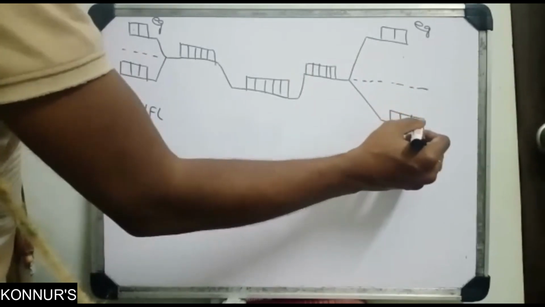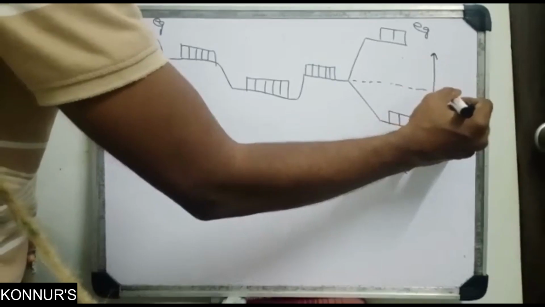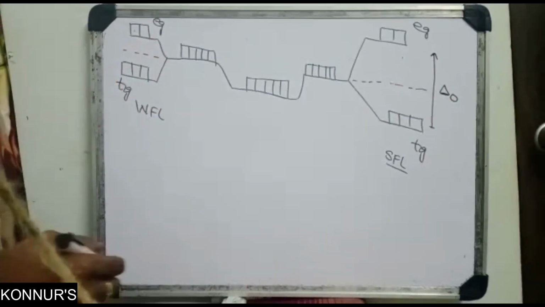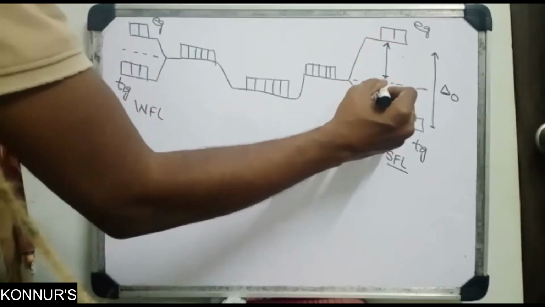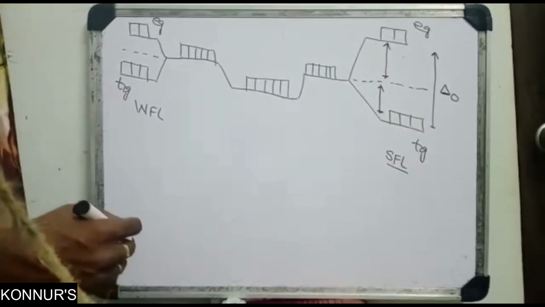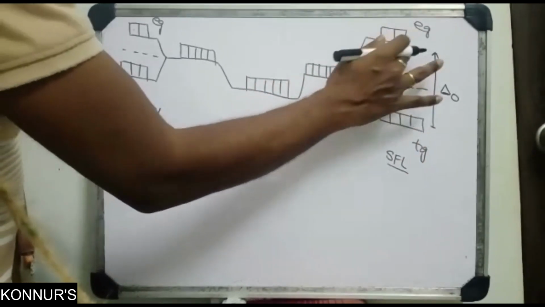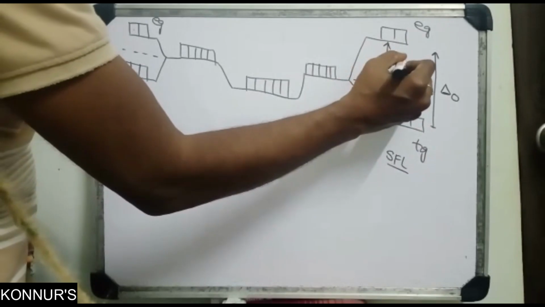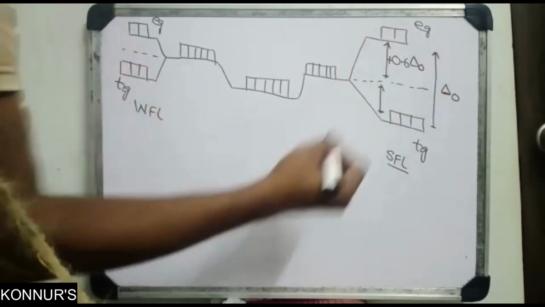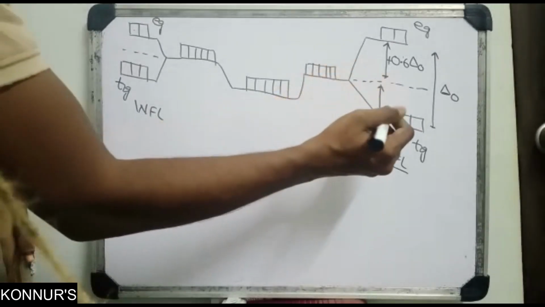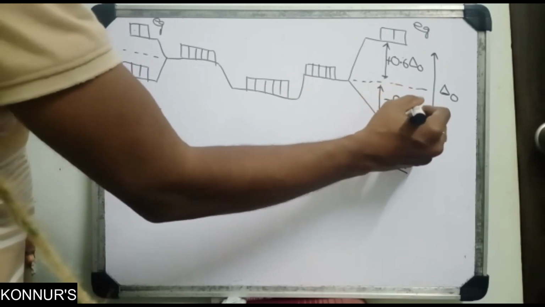Here, below, the maximum number of electrons is 6. The total gap we can take as delta 0, the octahedral splitting energy. From the degenerate level, this energy value is plus 0.6 delta 0 and this one is minus 0.4 delta 0.